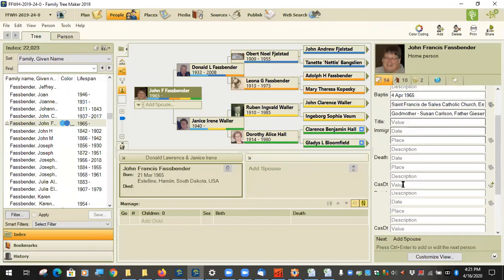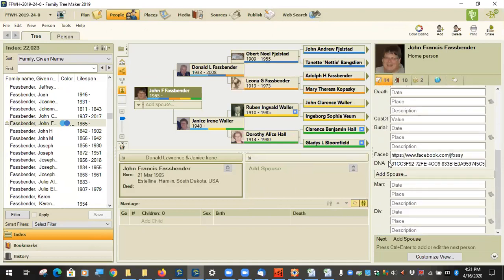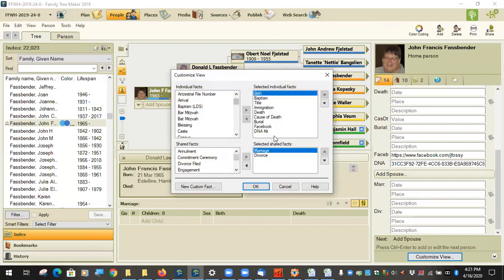See down here, I customize the view and add, see here I'm using DNA Kit. At the time I was using DNA markers for another reason. Does it matter? No, it does not matter. You can use either. You can use DNA Kit for one, DNA markers for the other. It does not matter.